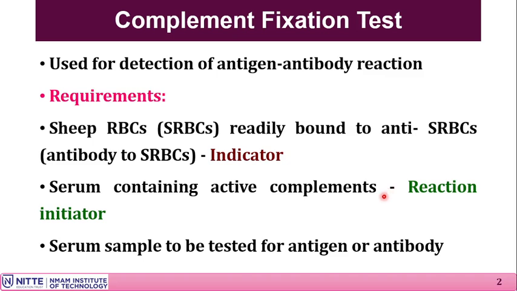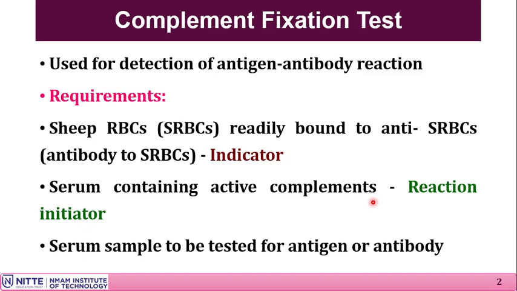Then you require the serum sample containing the complements. Complements are proteins of enzymatic nature, and 9 complements are there which are responsible for recognizing the antigen-antibody complex and binding to the Fc arm of the antibody and getting activated, and on activation they bring about lysis of the cells.